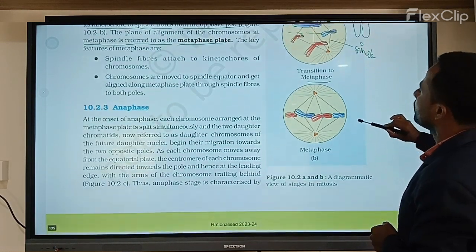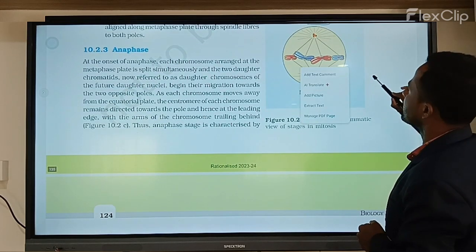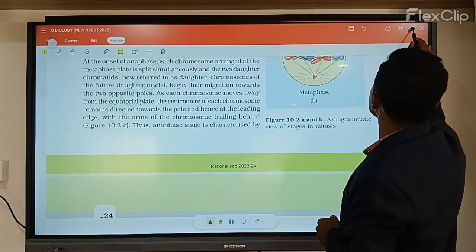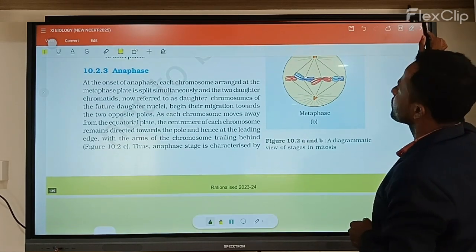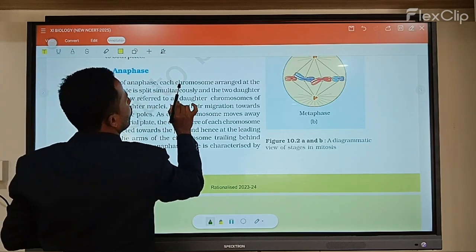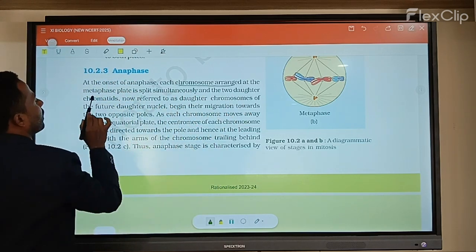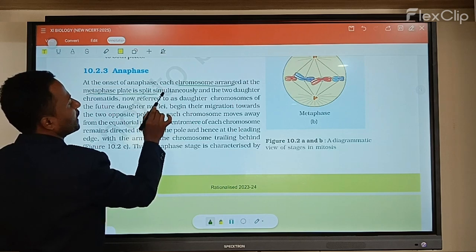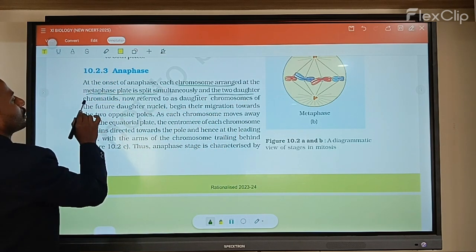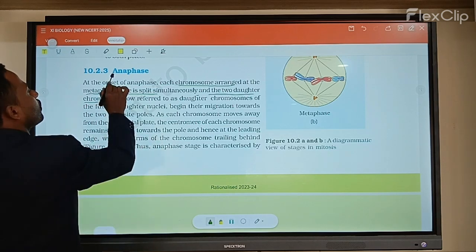Now let us discuss anaphase. In anaphase, each chromosome arranged on the metaphase plate splits simultaneously, forming two daughter chromatids. So here, ana means what? Up.